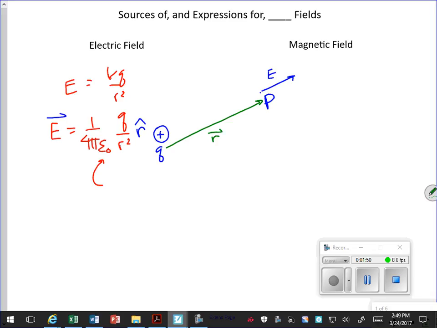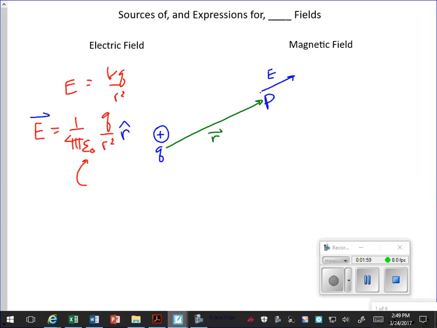It is a position vector. It locates point P relative to our charge. That also defines for us the R hat direction, because R hat is a unit vector in the direction of vector R. So that's sort of that.